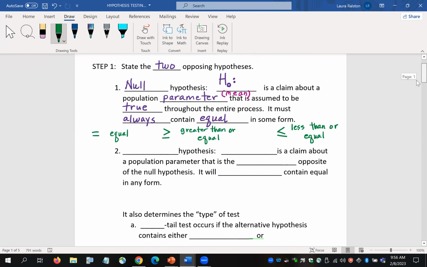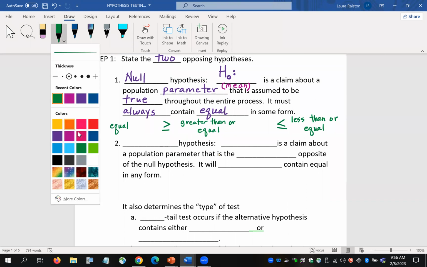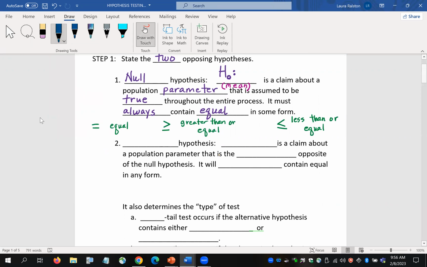The second hypothesis, and let me change colors, is called the alternative hypothesis. The symbol is a capital H with a lowercase a.